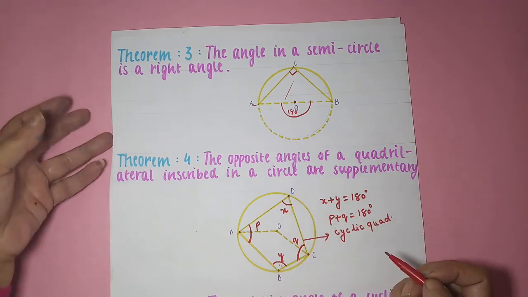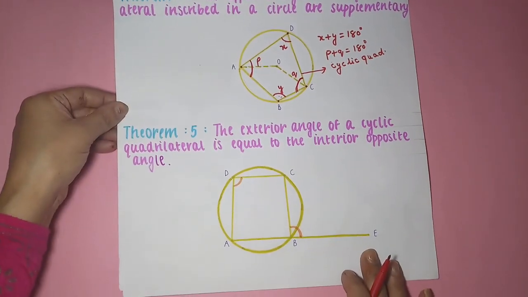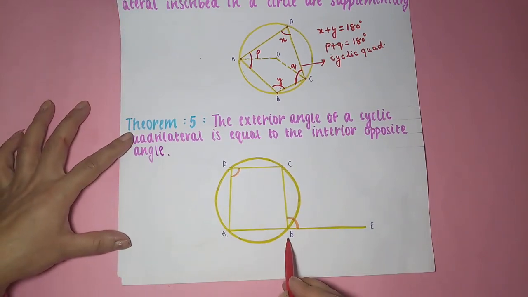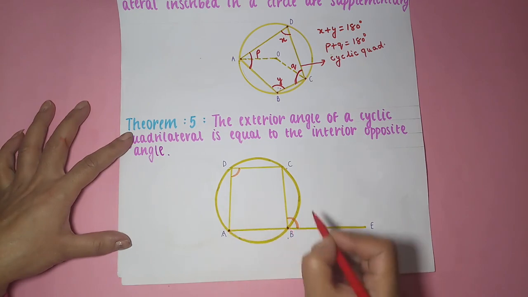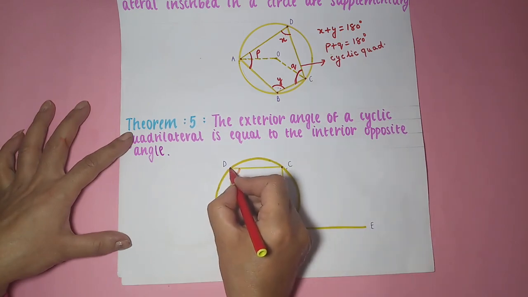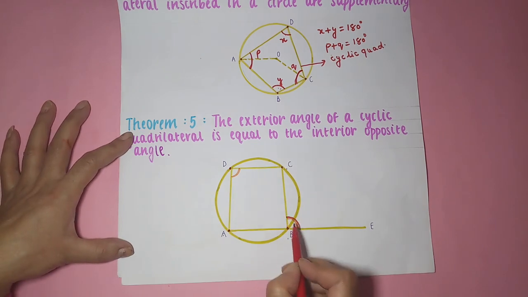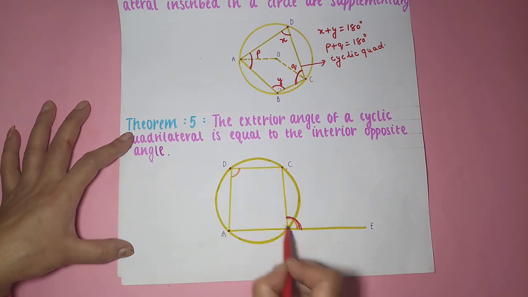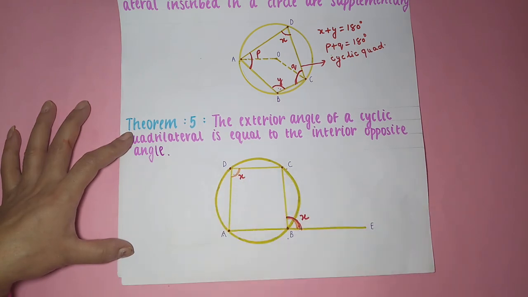Fine. One more property of this cyclic quadrilateral is that if we have a cyclic quadrilateral, say ABCD, why is this a cyclic quadrilateral? Because its endpoints lie on the circumference of a circle. Then its exterior angle, you see this exterior angle, is always equal to its interior opposite angle, right? So if this angle is x, this will also be x, right?